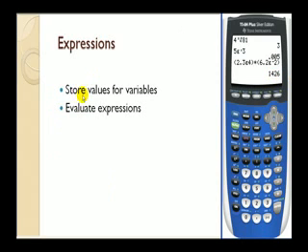Let's talk about how you can store values for variables. So let's say, for example, I want to store 5 for the variable A. I press 5. Here's the store key, and now I have to find the letter A. You can see the letter A in green here, so I have to press alpha math, enter.